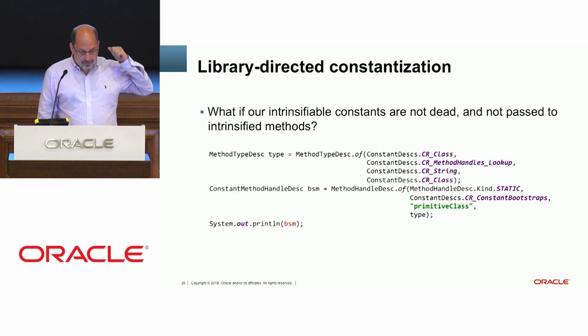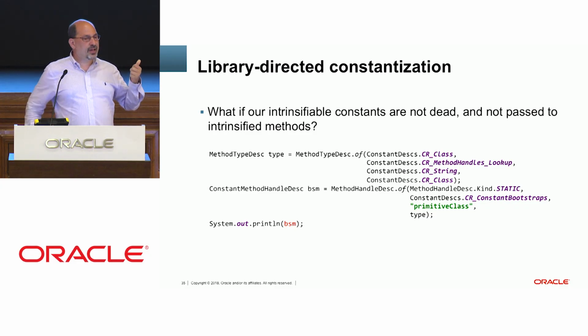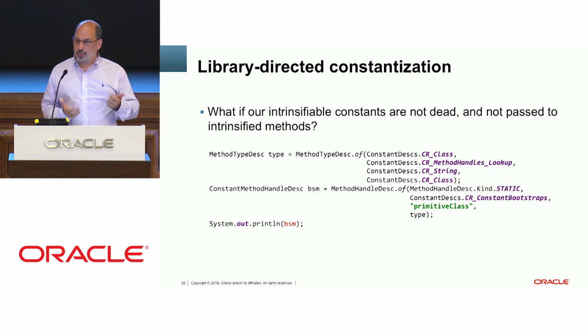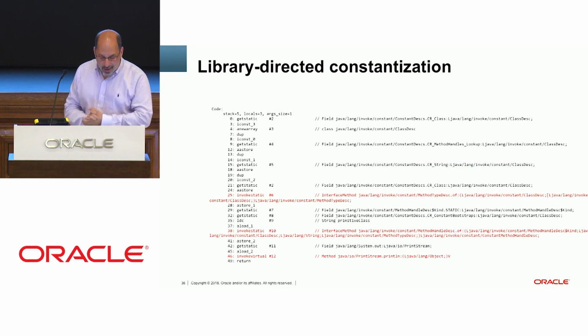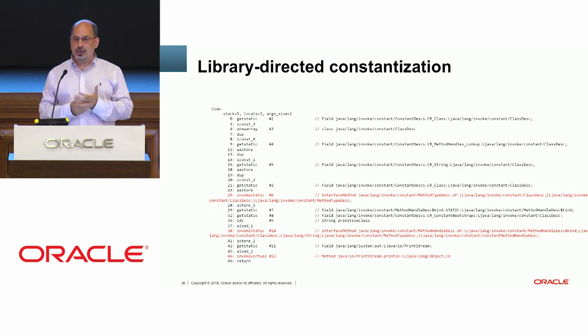Here we have the same two lines where we make a method type descriptor, we make a method handle descriptor, and instead of intrinsifying it, we pass it to system out print line. We'd like to be able to do something there too, and we've already done all of this work to prove that these things are effectively compile time constants, so we should be able to optimize this even in the absence of intrinsification. So without anything special, here's the code that we generate for that.